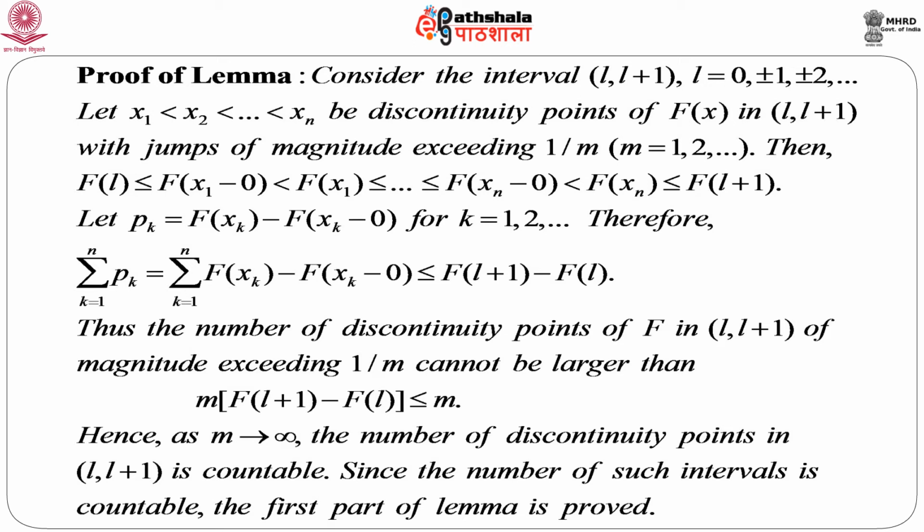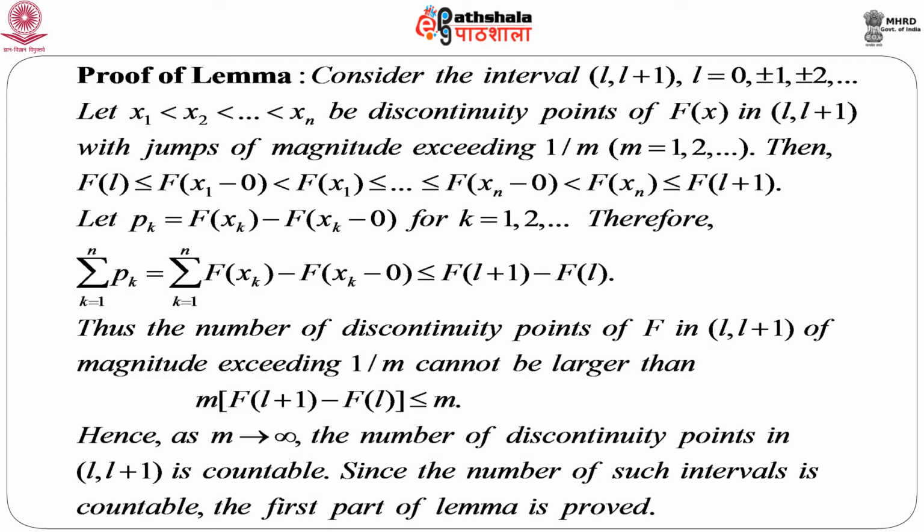Then since we know that a distribution function is always non-decreasing, we can immediately write that capital F of L is less than or equal to capital F of x 1 minus 0, which is less than F of x 1, and so on. Now, remember this is written because of the fact that it is right continuous, so it might not be left continuous. That is why we have put the strict inequality sign here, and so on up to F of x n less than or equal to F of L plus 1.